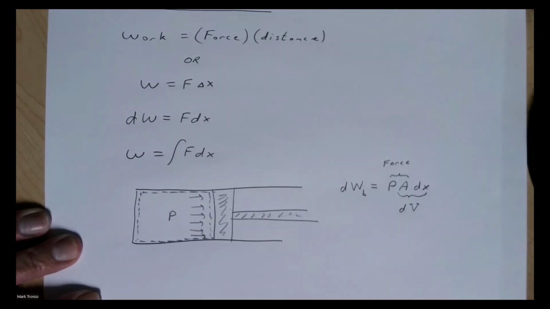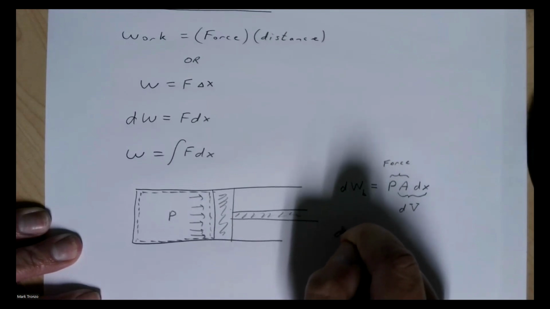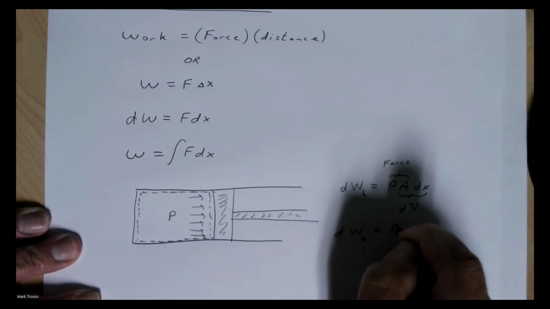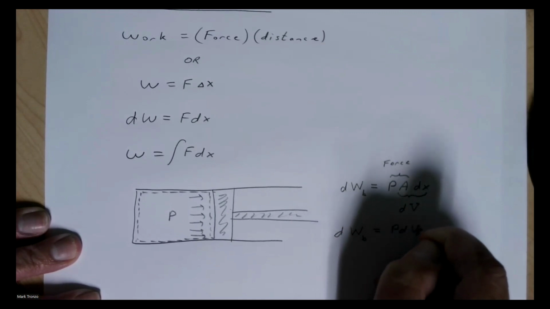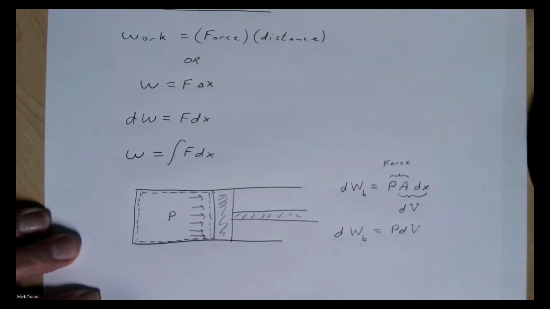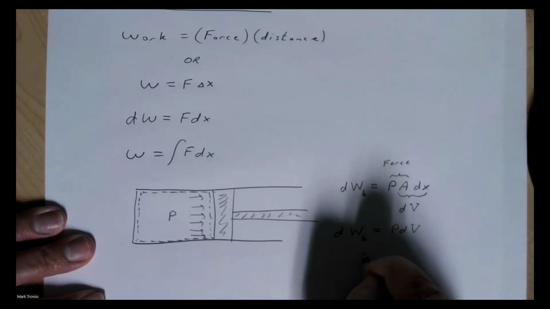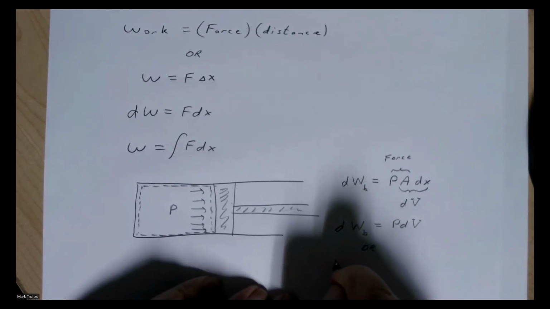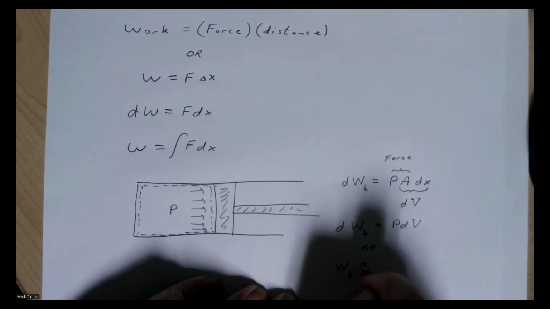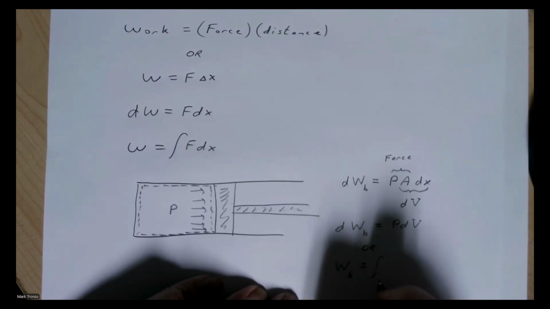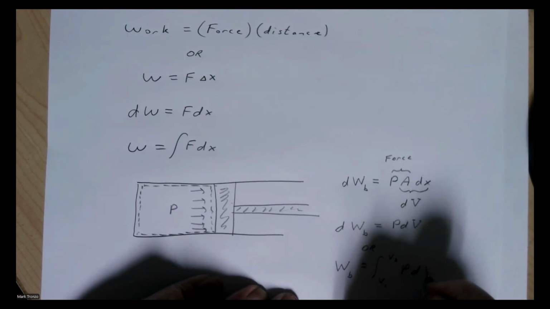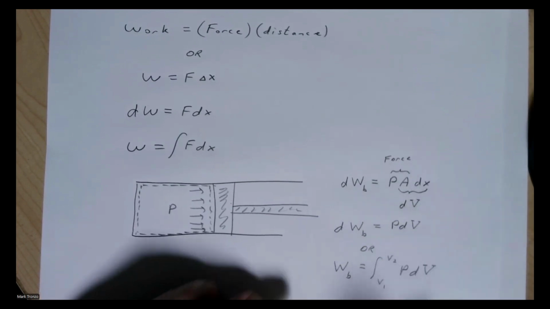So now we can write this as dW_b equals P dV, or W_b equals the integral from V1 to V2 of P dV, like this.